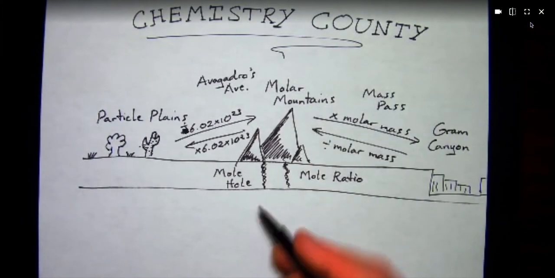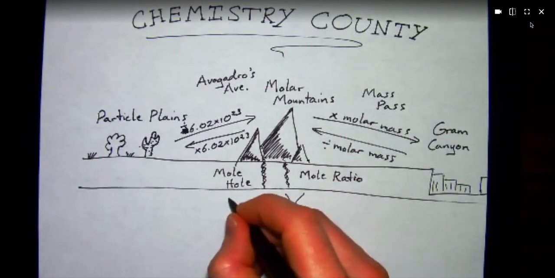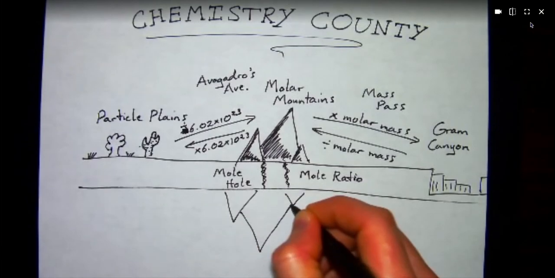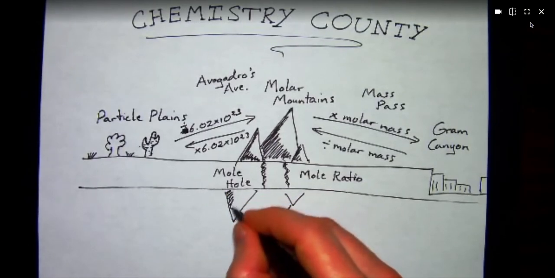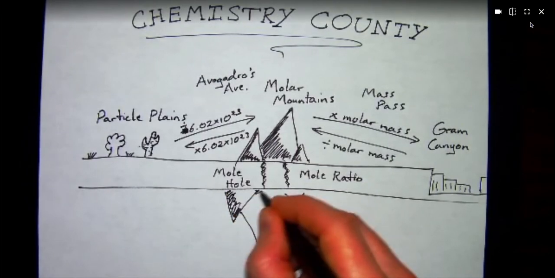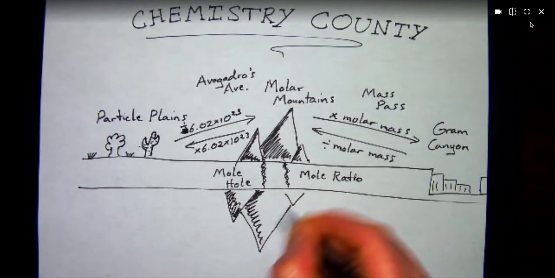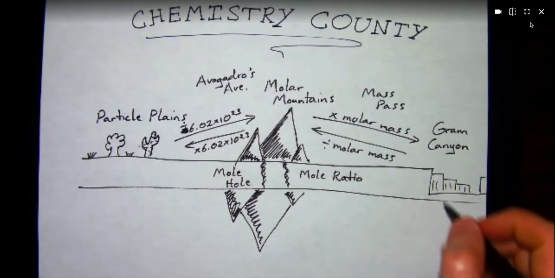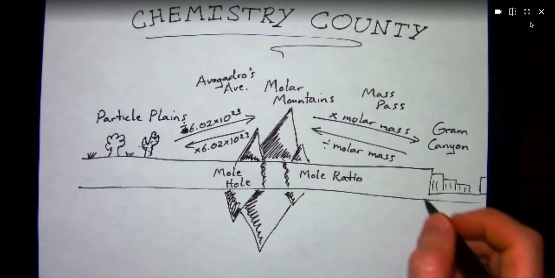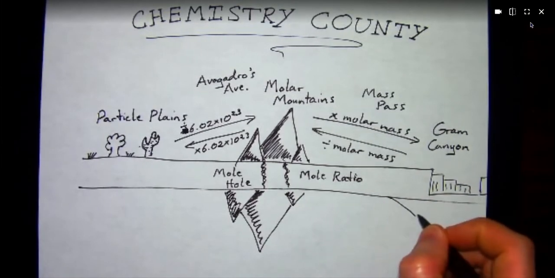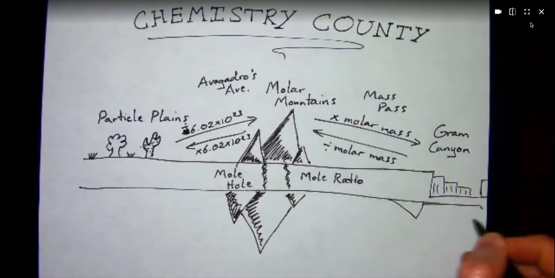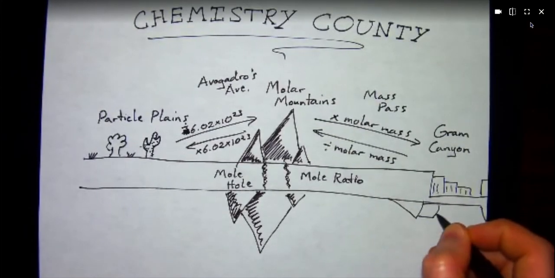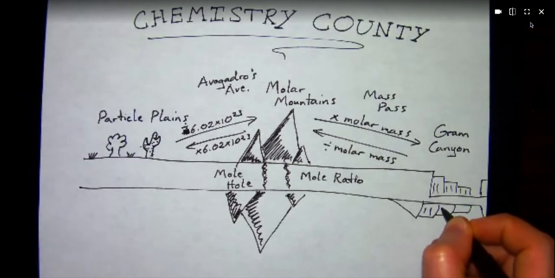Chemistry County is there as well, right? You've got the molar mountains here for this substance. Whoa, why is this so much more difficult upside down? You've got the Gram Canyon over here. Oh, I messed this up. Nailed it.